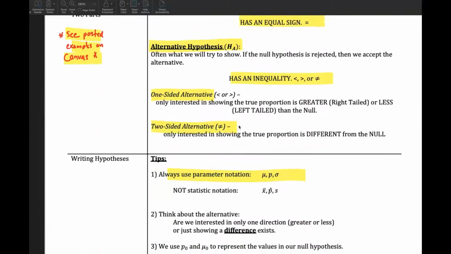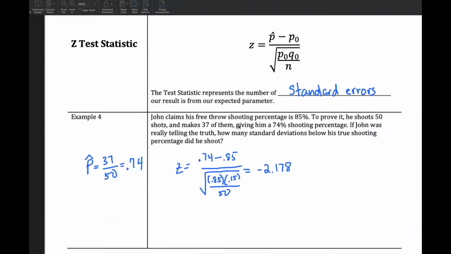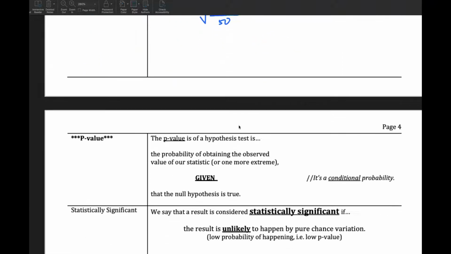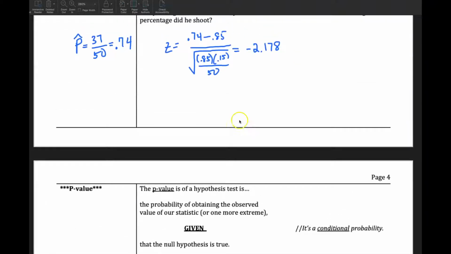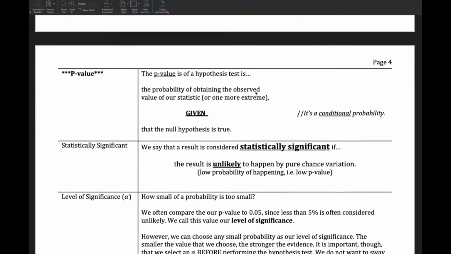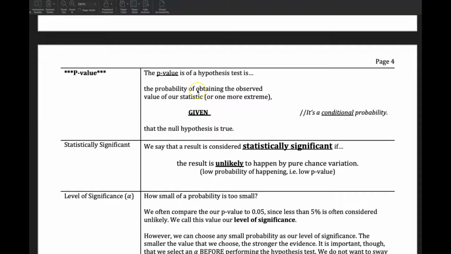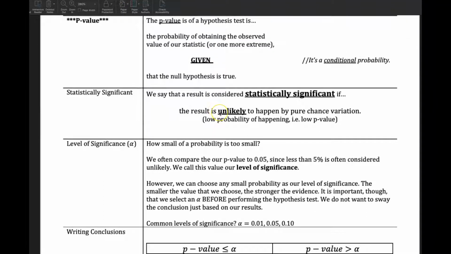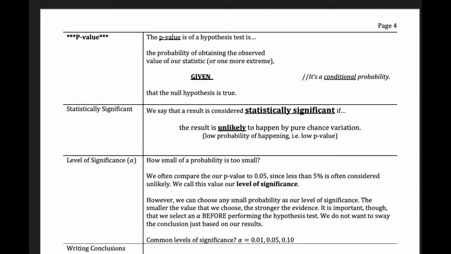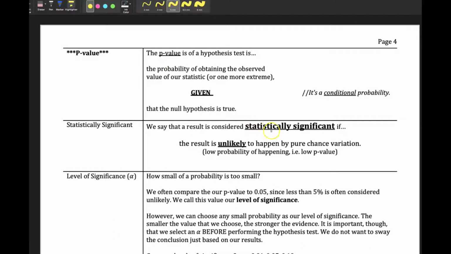And then after that, once you have that value, what you do is you calculate the p-value. The probability of that actually occurring if he was an 85% shooter is what we would then calculate as the p-value. And then an important determination is this idea of statistically significant.